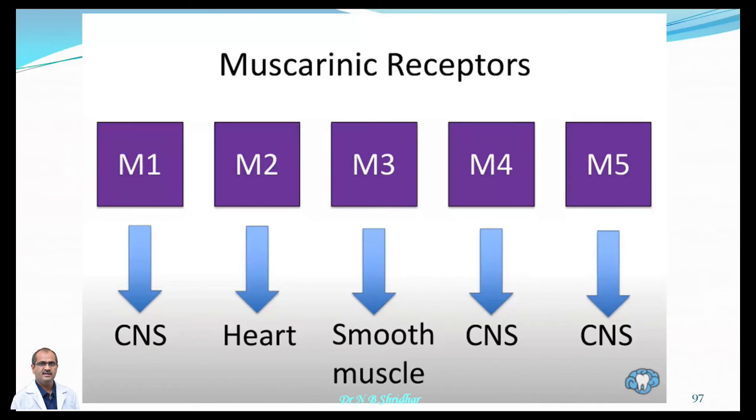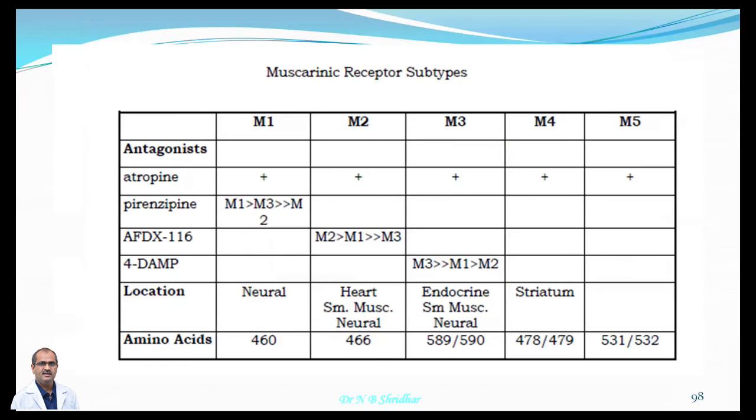Most of these are differently distributed. Whenever acetylcholine acts on the heart, it reduces the heart rate and contraction, which is inhibitory in nature. It is excitatory in smooth muscles through the M3 type of receptors.